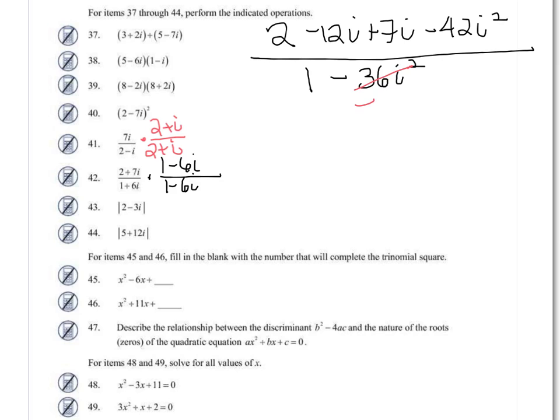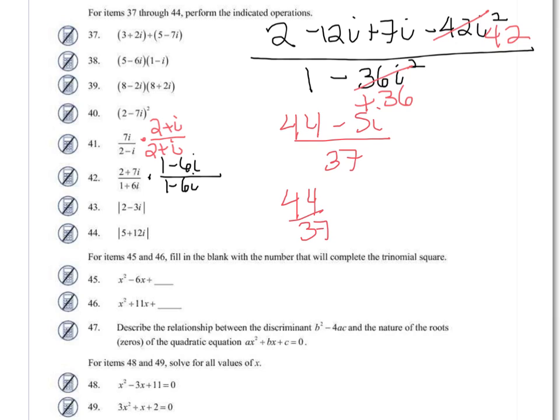Any i squared is negative 1. So now combining our like terms, in the denominator that's 37, in the numerator 42 plus 2 is 44, minus 5i, but then to write that in standard form, I'm going to make it 44 37ths minus 5 37ths i.